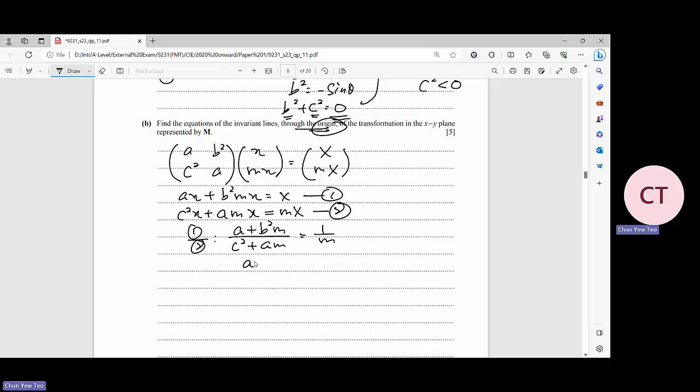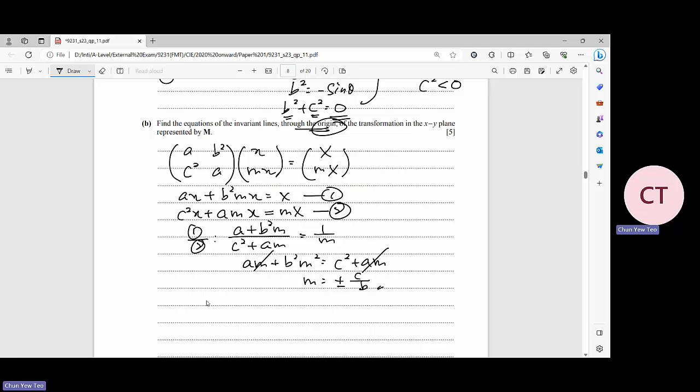Cross multiply, you have am plus b squared m squared is equal to c squared plus am. So am and am can be cancelled. That means m can be positive or negative c over b.